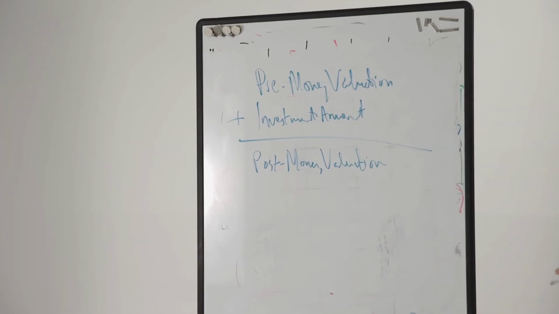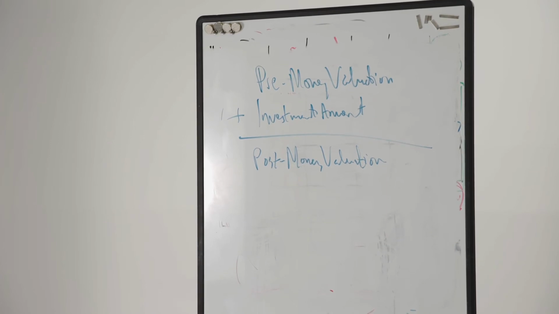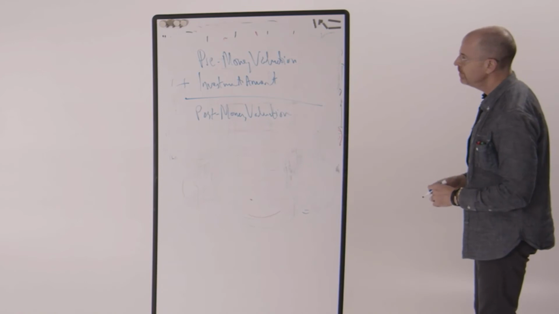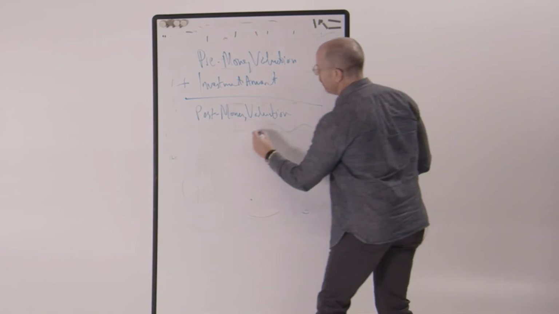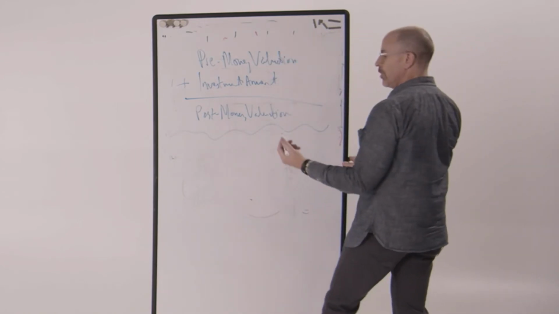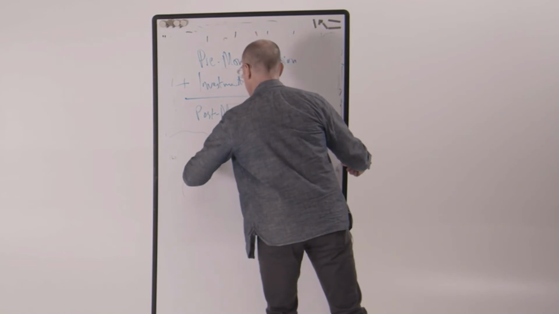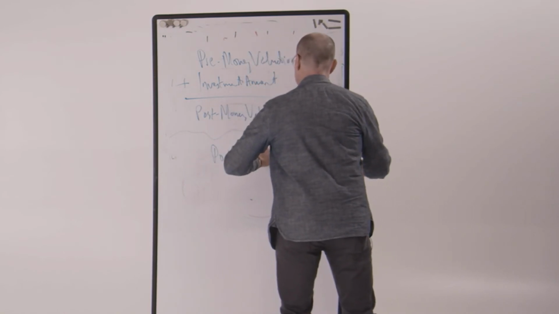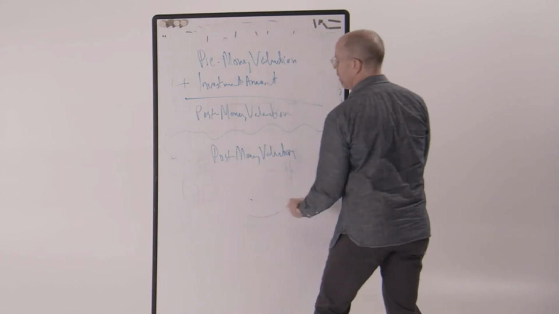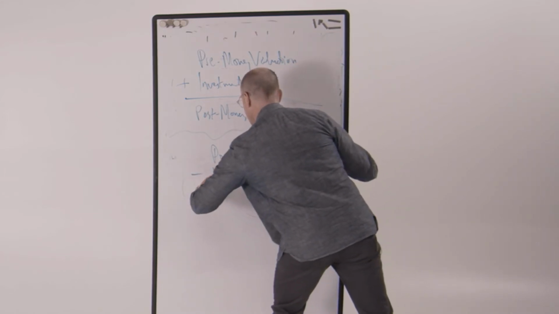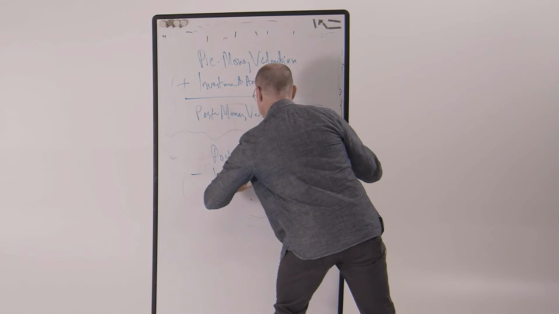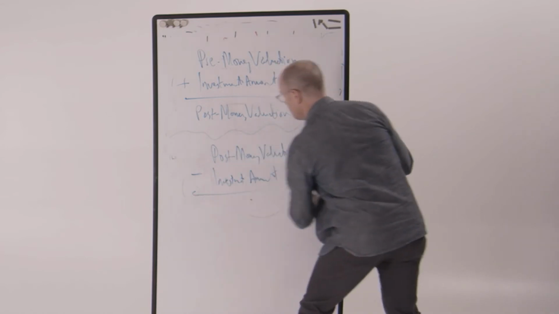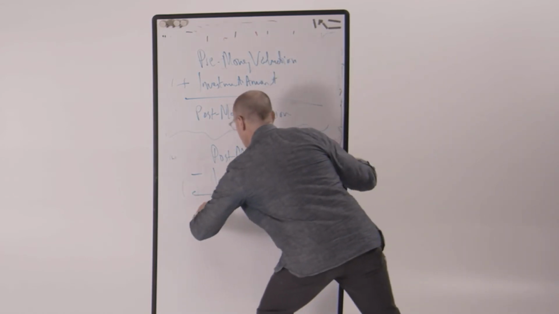Okay? Why is it expressed this way? And why does it even matter? Well, let me play around with this a little bit more. You could also say the same thing. Post-money valuation minus investment amount equals pre-money valuation, right?